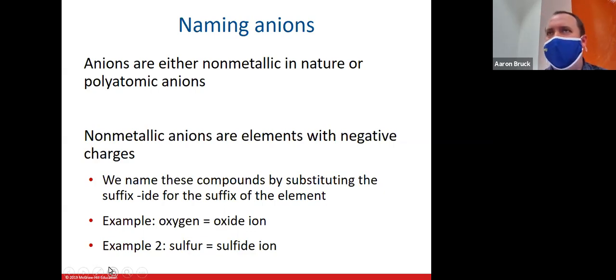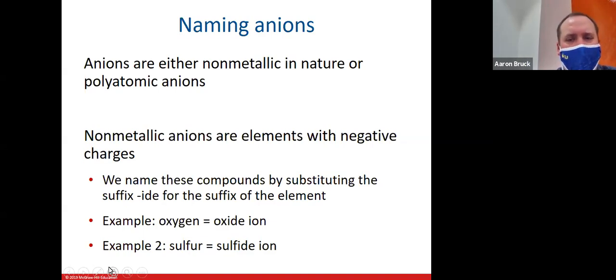Because if we can understand the three constructs in terms of how they're put together, then really all that naming becomes for us is a matter of recognition. Okay, do I have an acid, or do I have a covalent compound, or do I have an ionic compound? If I can recognize that, then I can go into one of three lanes of nomenclature.